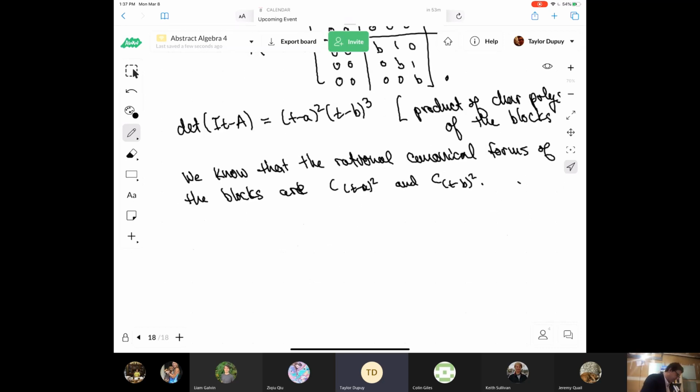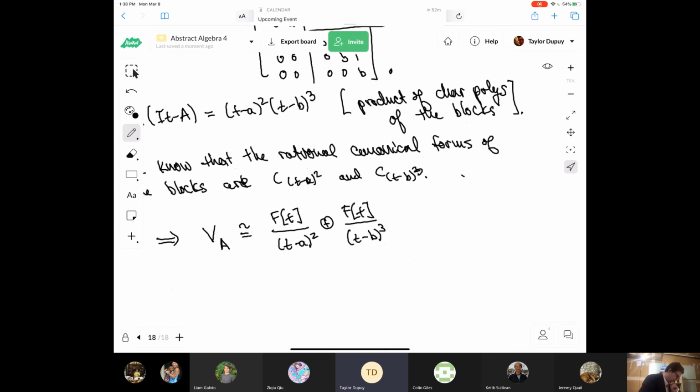So this means that V of A is isomorphic to F[t] mod (t minus a) squared, direct sum F[t] mod (t minus b) cubed. So this is what we have, and so this thing is isomorphic to, this is the Chinese remainder theorem in reverse.